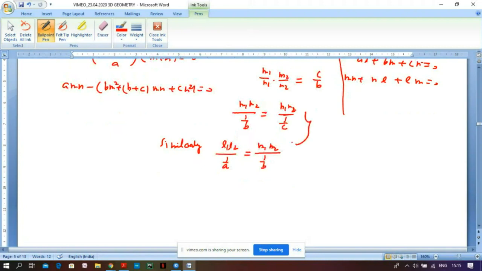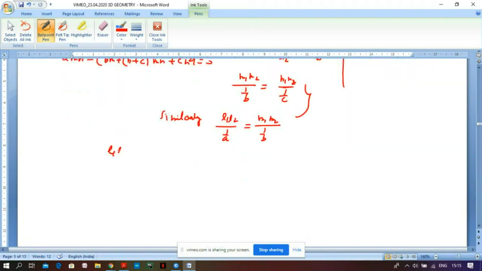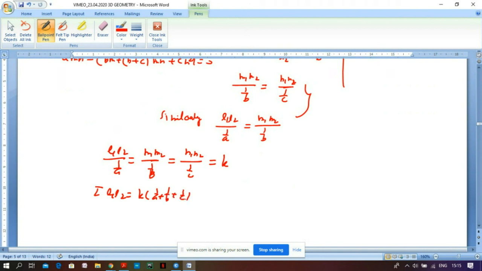So these two together will give you L1, L2 over 1 over A, M1, M2 over 1 over B, and N1, N2 over 1 over C. Let's call it K. And so sigma L1 L2 is K times 1 over A, 1 over B, 1 over C. If you want lines to be perpendicular, then you want this to be 0, or conversely, if this is 0, then lines are perpendicular.